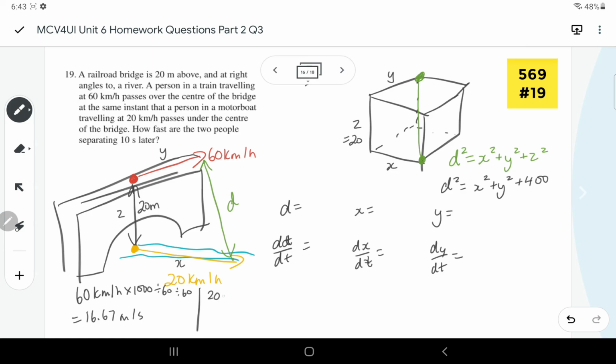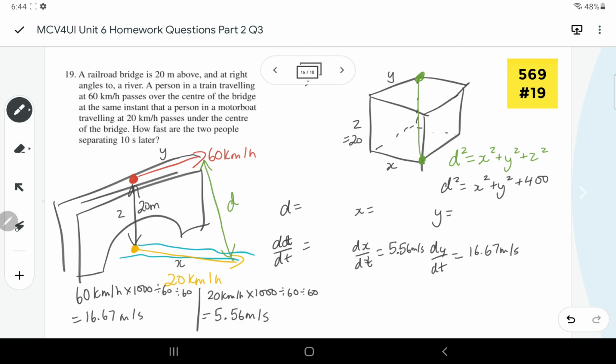Same thing for the 20 kilometers per hour. I'm going to multiply by 1,000 to get meters, divide by 60 again to get seconds. And that will be 5.56 meters per second. So that's what my dx dt is, a smaller one, so 5.56 there, and dy dt is going to be that 16.67 meters per second.